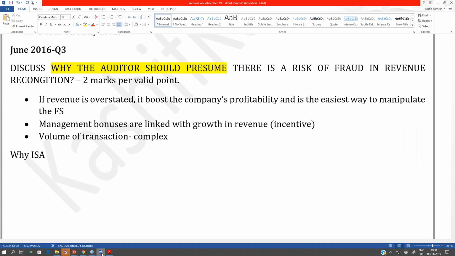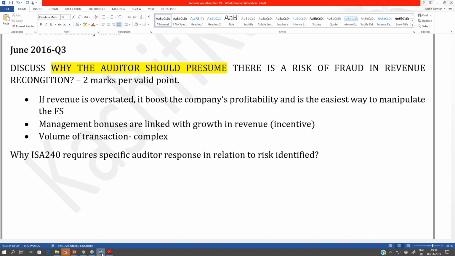Why ISA 240 requires specific auditor responses in relation to risk identified?